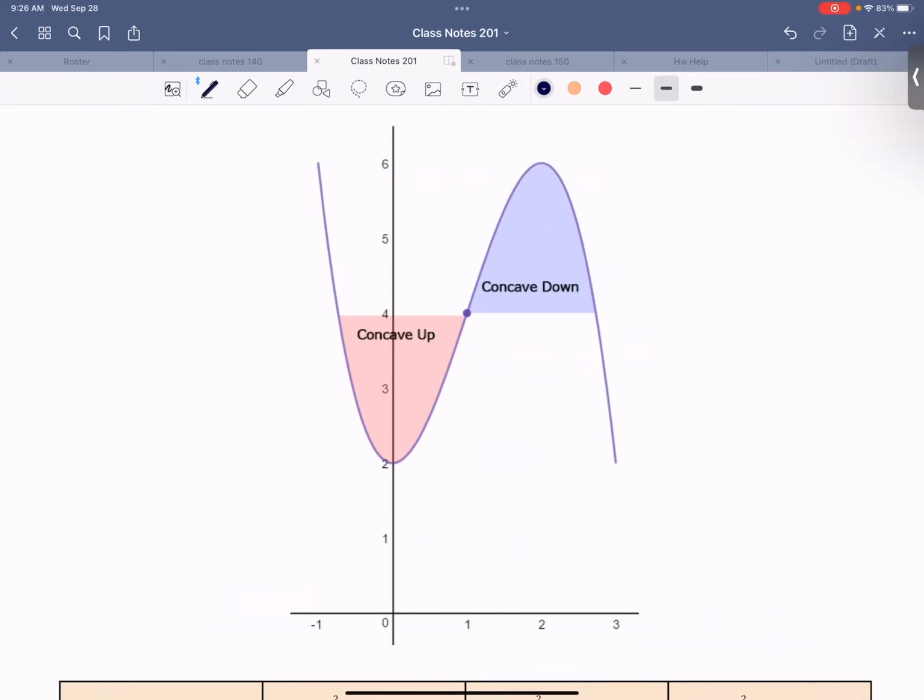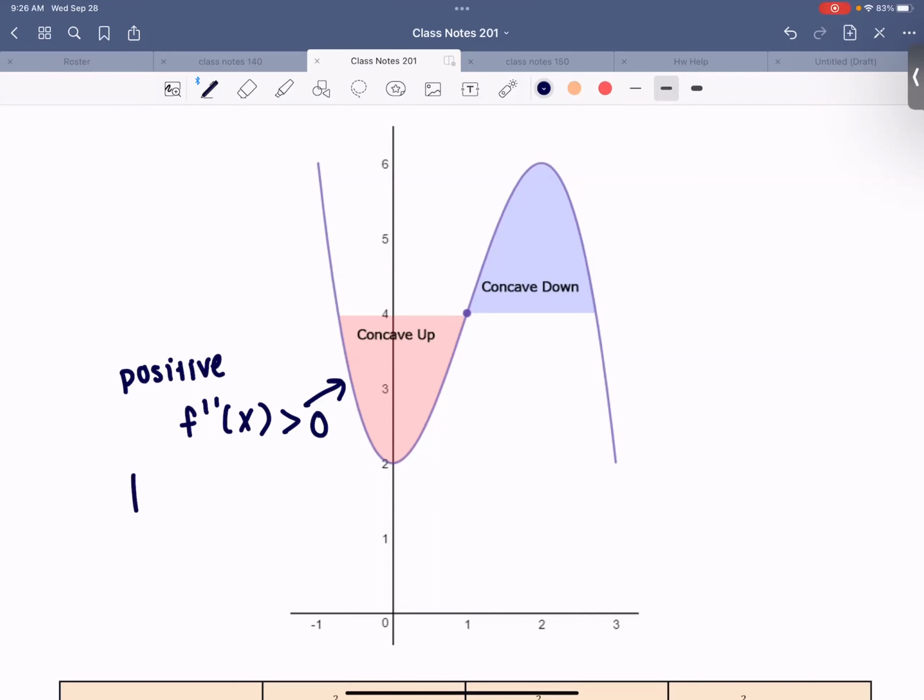When our function has a second derivative that's bigger than 0, so a positive second derivative, we have positive concavity, another way to say that is concave up. So a positive second derivative translates to our graph looking concave up.